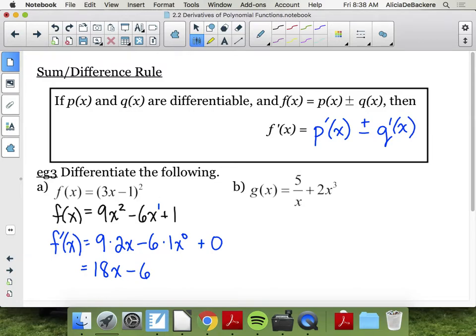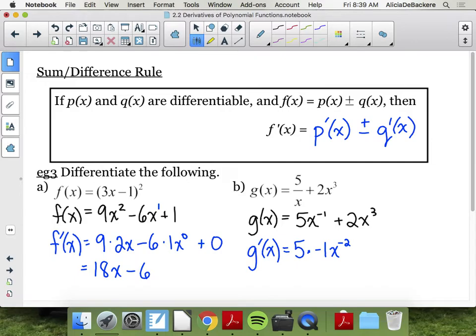For our next function, again, I'm going to just rewrite how this looks because I need to use my power rule. So my first one, instead of having x in the denominator, I'll bring it up and give it a negative exponent. And then I'll take the derivative. Again, leaving my coefficient out front, and then just taking the derivative of x to the power of negative 1, bringing that exponent down front, and then subtracting 1 from the exponent.